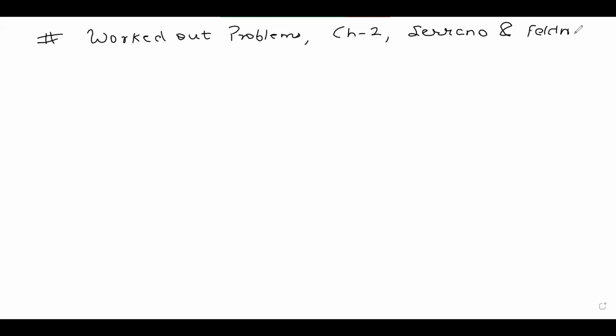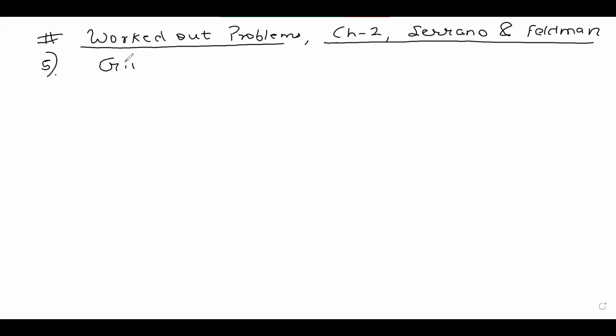I'm writing the main heading for completeness. This is worked out problems, chapter 2, A Short Course in Intermediate Microeconomics by Serrano and Feldman. In this lecture, we are looking at problem number 5. We are given that there are two commodities or goods.